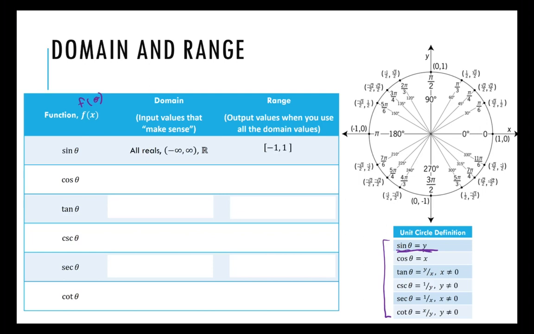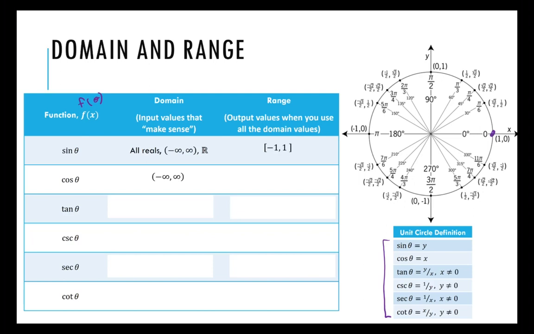To extend the concept, cosine is really not any different because, via our definition here, you can plug in any angle you want and you will get an x value that makes sense. So the domain of cosine is all real numbers. And the range of cosine is similar to sine. I'm actually going to say it's the same, but for a slightly different reason.